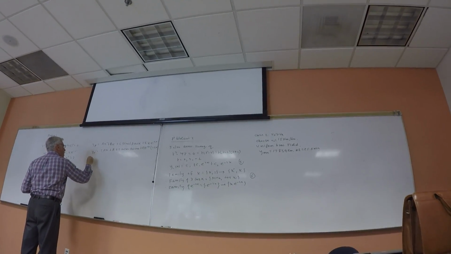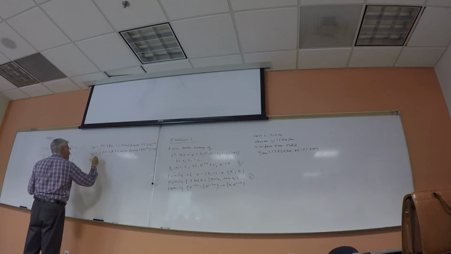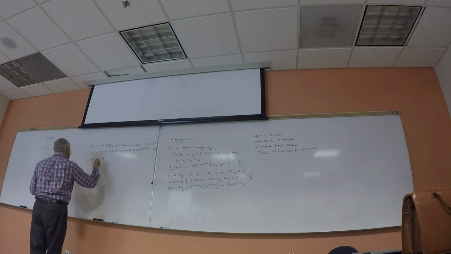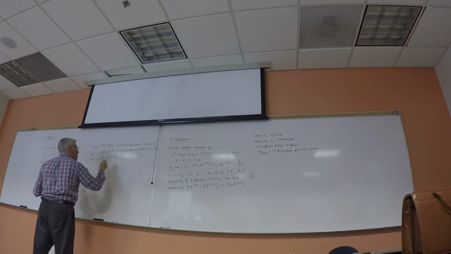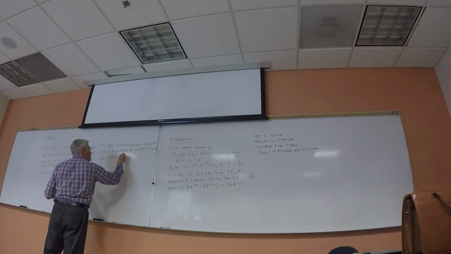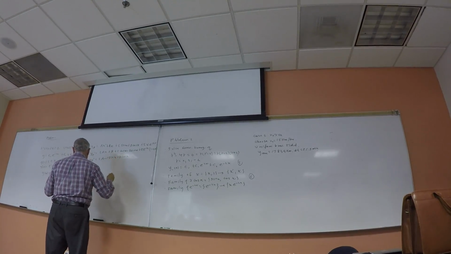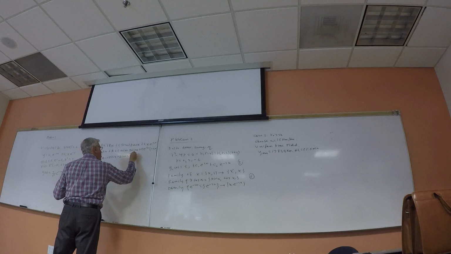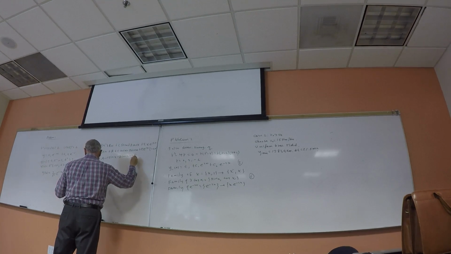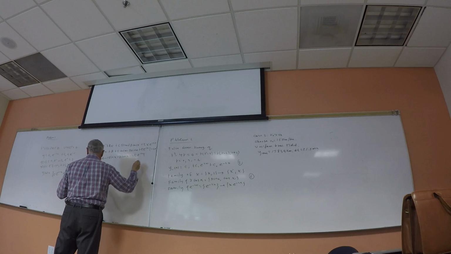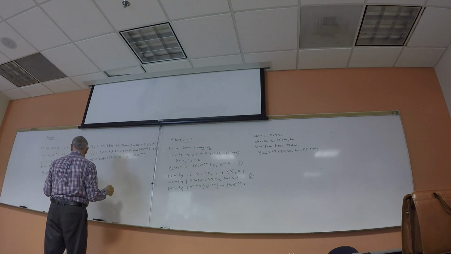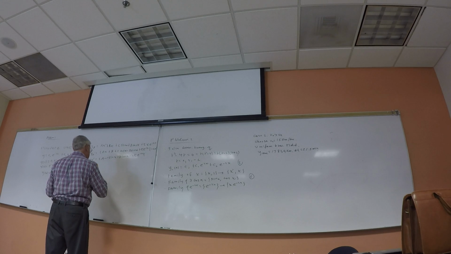And yp double prime, again, I'm just going to write the final result. It should be 2a minus c sine x minus d cosine x minus 4 coefficient big E to the minus 2x times 1 minus x.